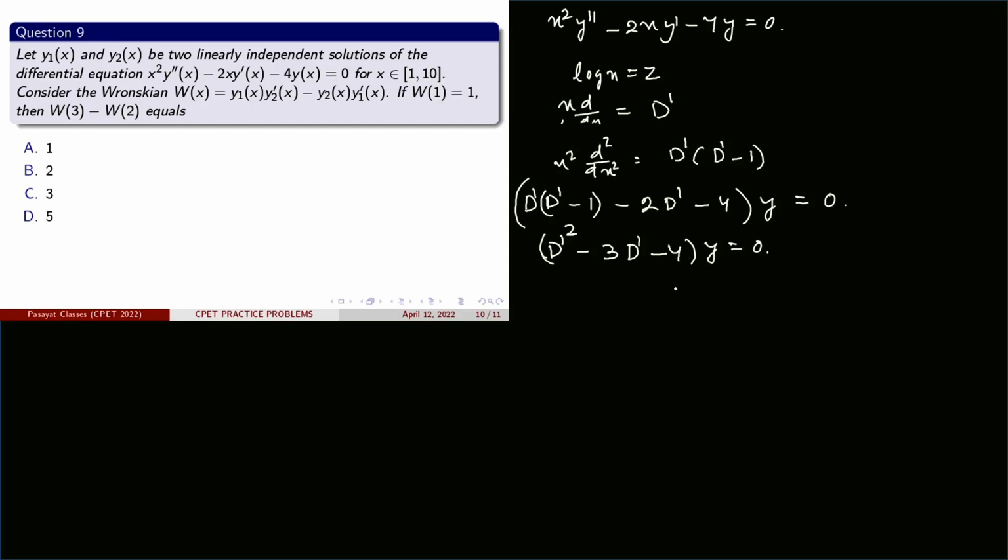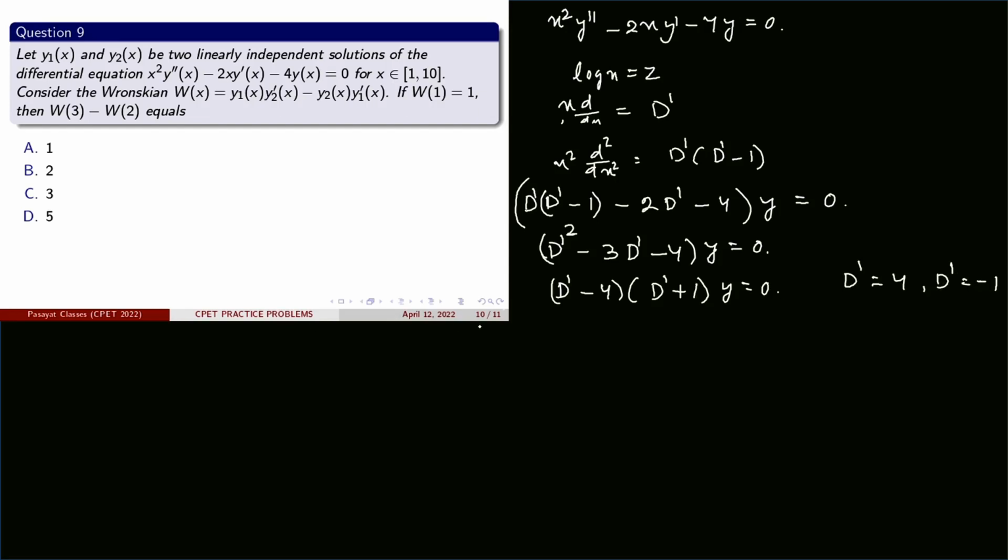And we can solve this differential equation by using the auxiliary equation, and factorizing this, we get D dash minus 4 into D dash plus 1 whole into y is equal to 0, and the roots are D dash is equal to 4 and D dash is equal to minus 1.